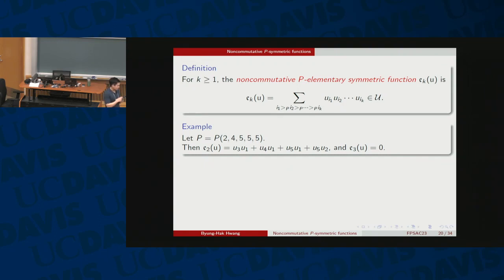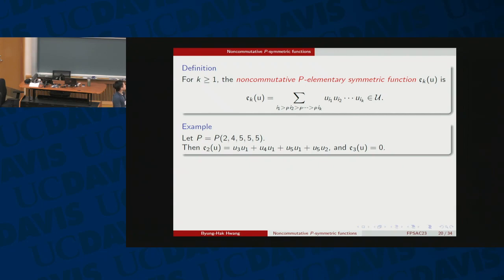We introduce symmetric-function-like elements in the algebra U. The first is the noncommutative P-elementary symmetric function, which we denote by e sub k of U, which is the summation of monomials over P-decreasing sequences.